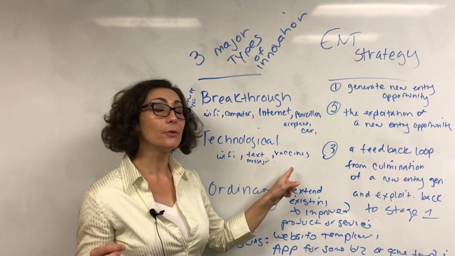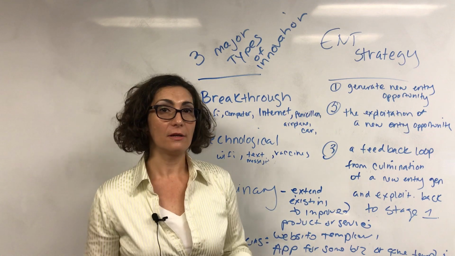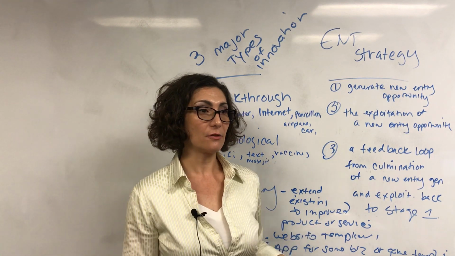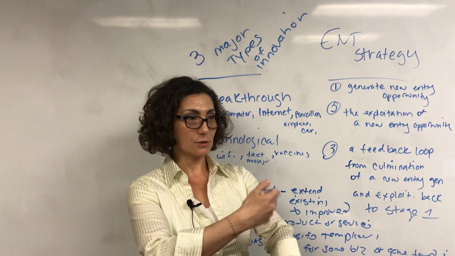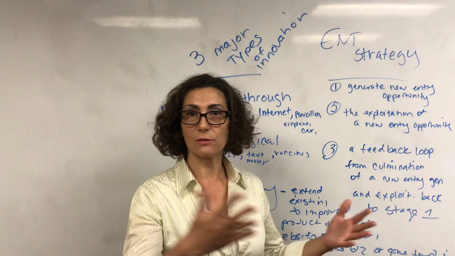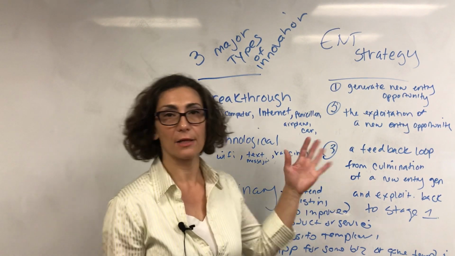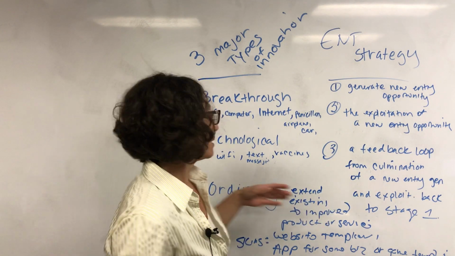But then I also put vaccines under technological, because vaccines are in fact advanced technology. These are the things that kids in America get, shots so that they don't get chickenpox, measles, that jazz. There's a lot of controversy here in America about vaccines, but they are advanced technology.